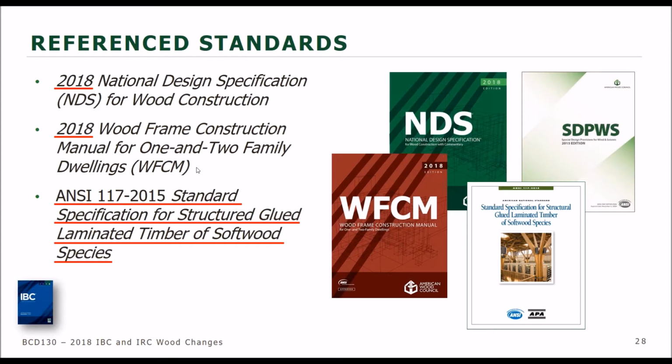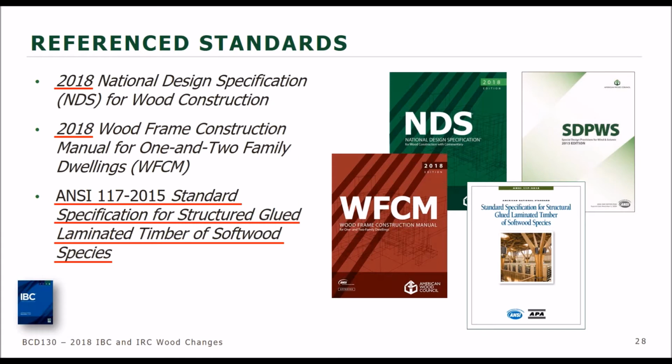So we've expanded the scope of the use of this document. I believe that happened in the 2015 IBC. And also we have an ANSI 117-2015, the standard specifications for structural glued laminated timber of softwood species. Now all of these standards are design standards.